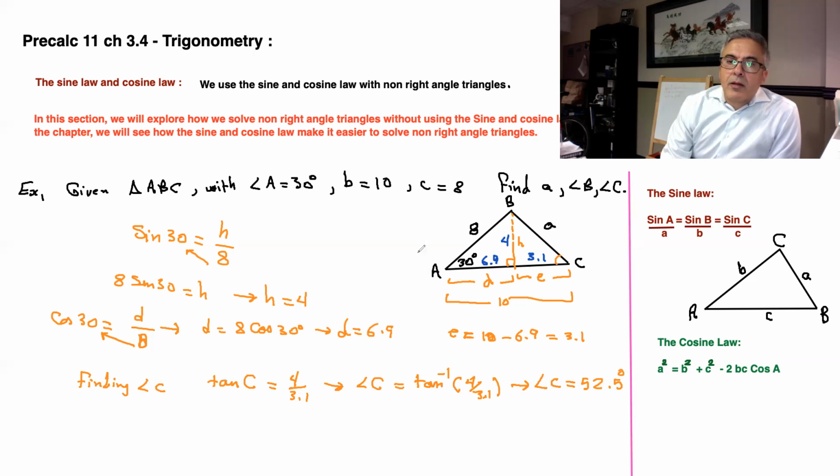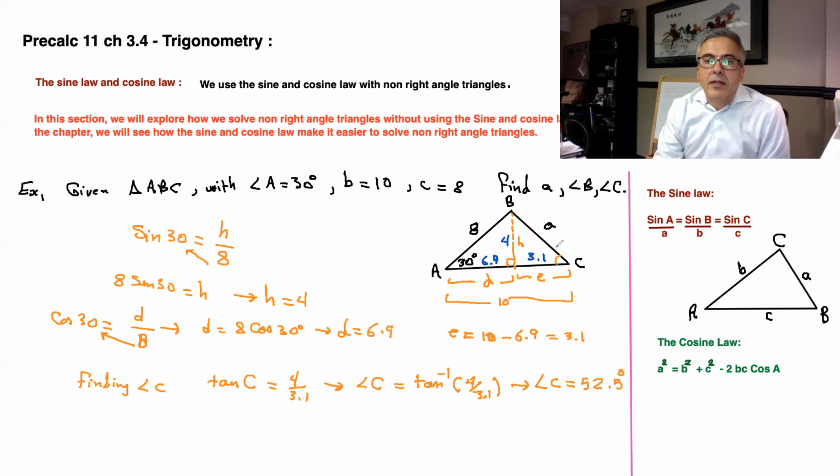So they asked us to find A. As a matter of fact, I'm just going to find the angles first. Since we know angle C now, let me just write that in blue because we found it. So angle C equals 52.5 degrees. And we know the sum of angles in a triangle is 180.